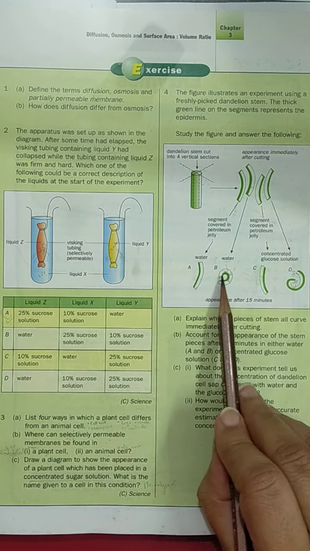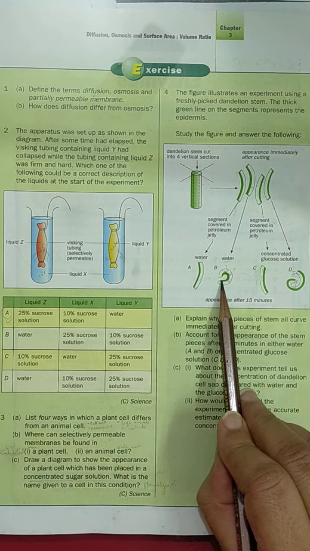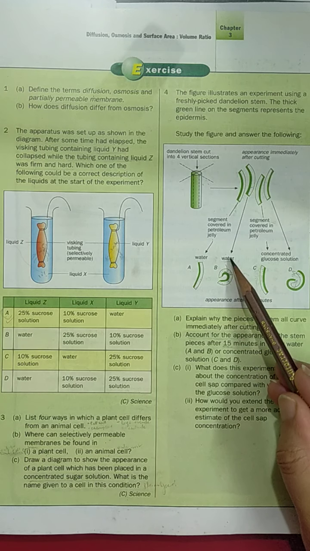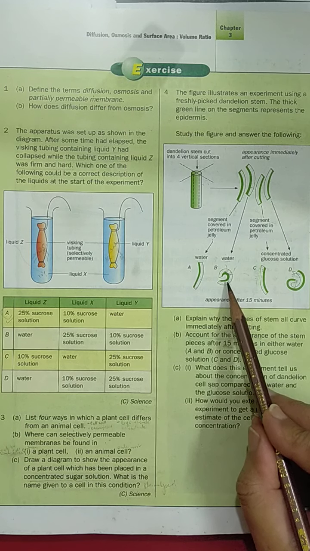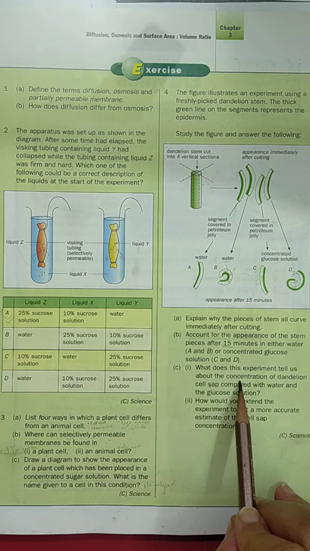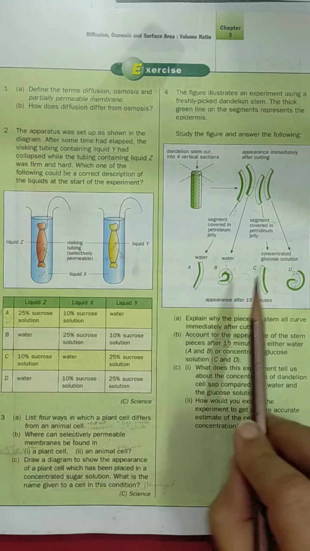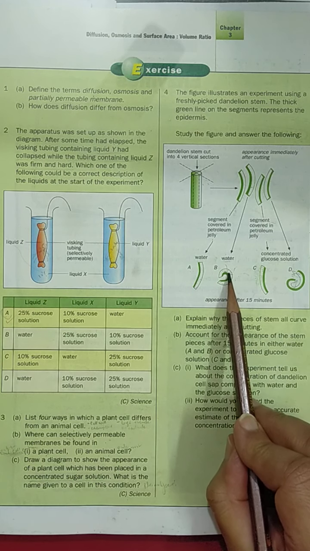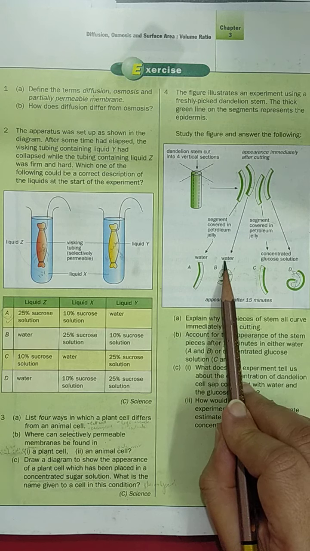Here you can see that when we have placed it in the water, it means water moved in. It means the water potential of water is higher than the dandelion stem. So in this answer we can say the dandelion stem cell sap has less water potential than the water.